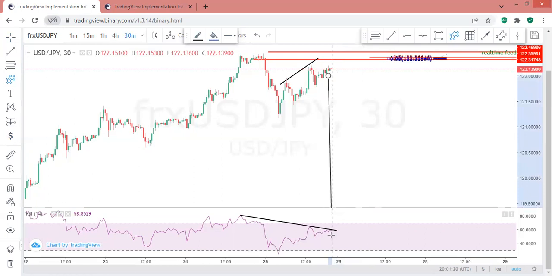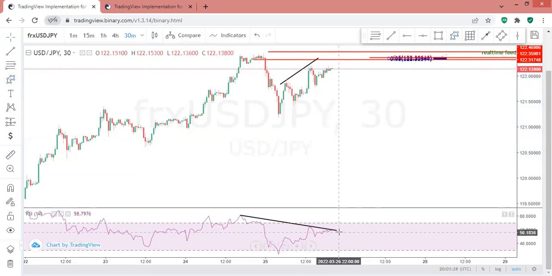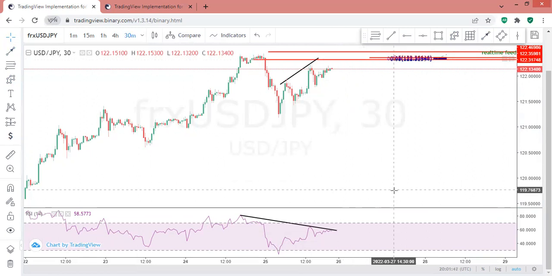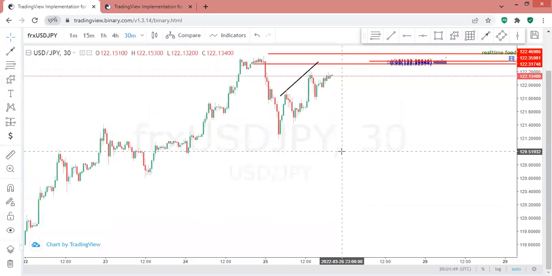So by the time the market opens and we still see the creation of lower highs on RSI while price is creating higher highs, it's going to drop straight. So that's another way I use my RSI.